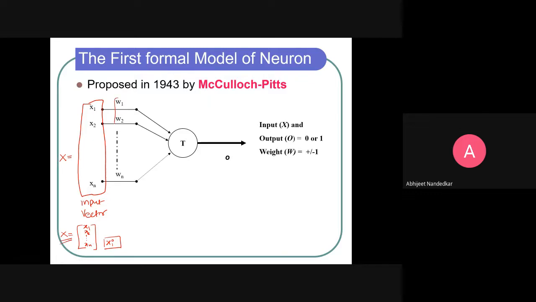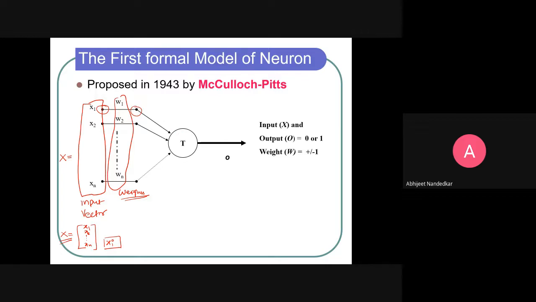Now there is some W written over here. These are called weights, or importance to a connection. In biological terms, it is called a synapse. So every connection here has some importance. This importance is assigned by this particular neuron.